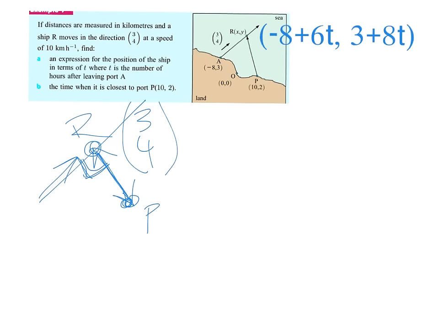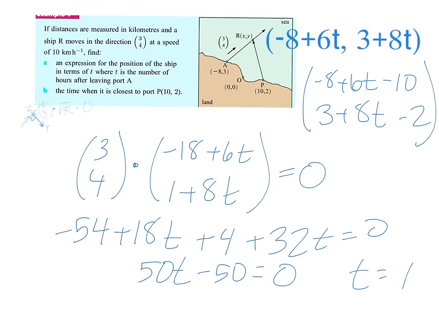It'll work the same way because when I take that vector 3, 4 and dot it with the vector, maybe let me change my notation, I'm sorry, when I dot it with the vector PR, then this needs to equal 0 if it's really going to be perpendicular. So what we need to do here is find the vector from P to R. So I took the R values minus the P values, and have negative 8 plus 6t minus 10, and 3 plus 8t minus 5, which is minus 2 from the y coordinates here.